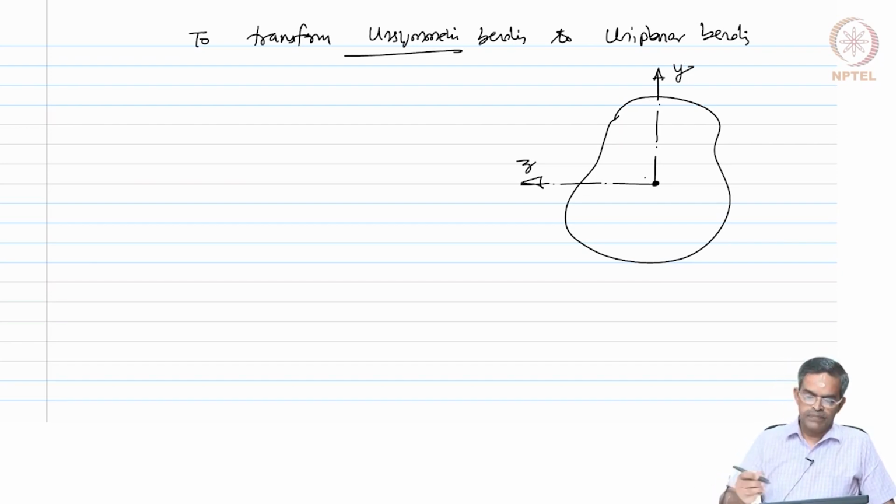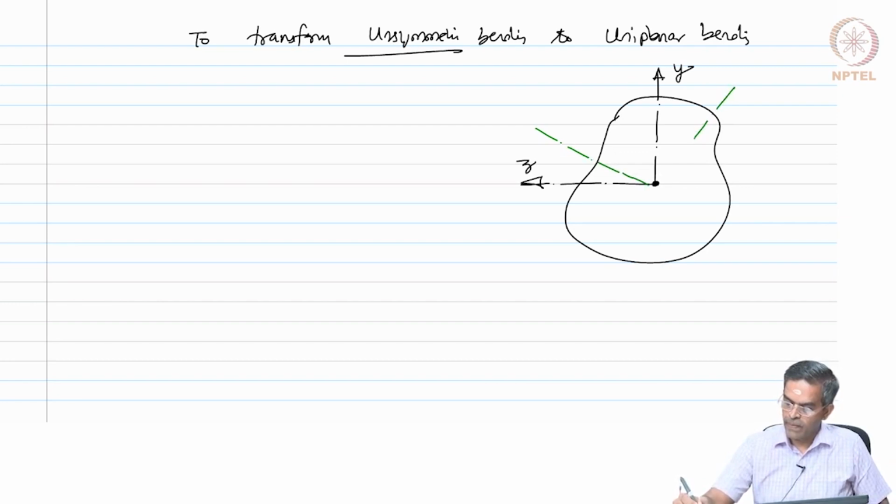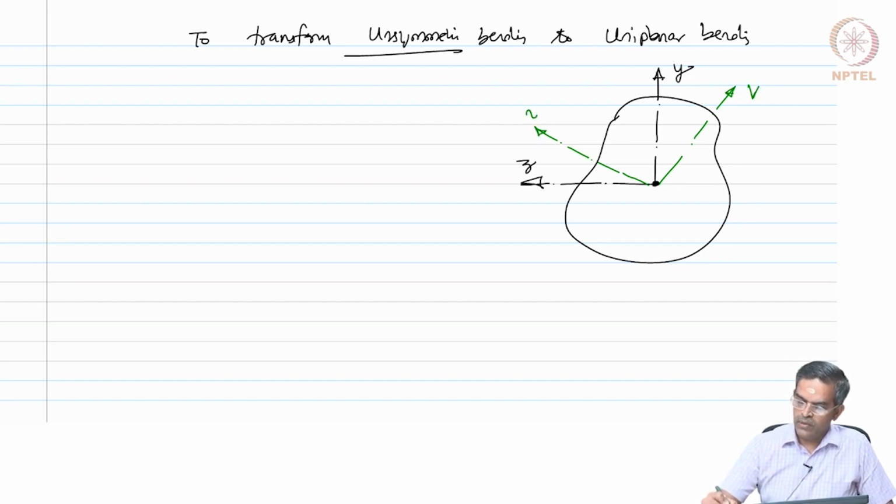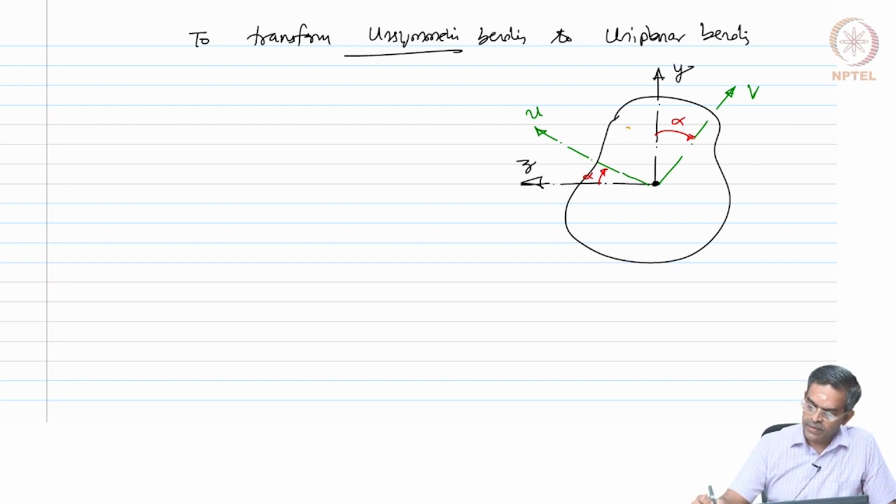Okay. Let us also mark two more additional axes which are called the v and u axis. Let us measure the angle of u axis from z axis, or v axis from y axis, as alpha. Okay. Let us take a point whose area is dA.